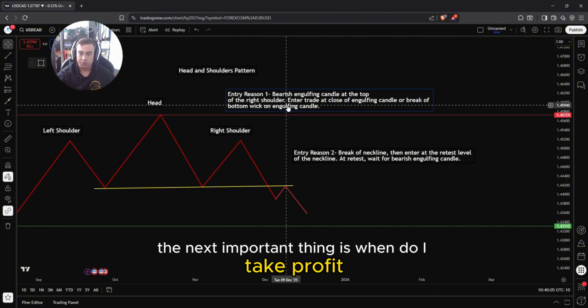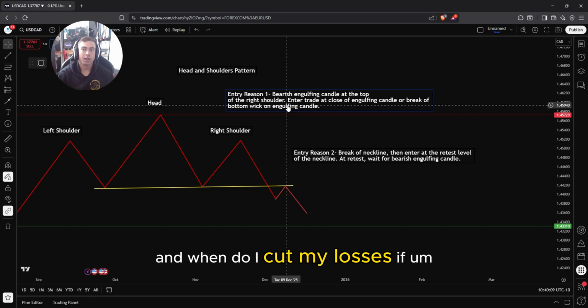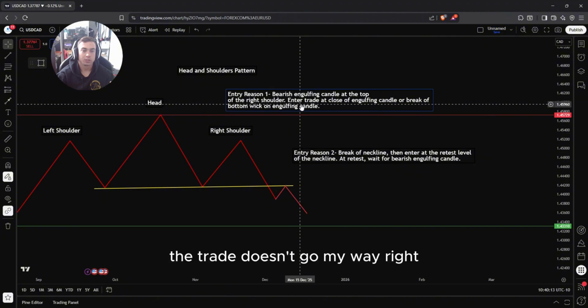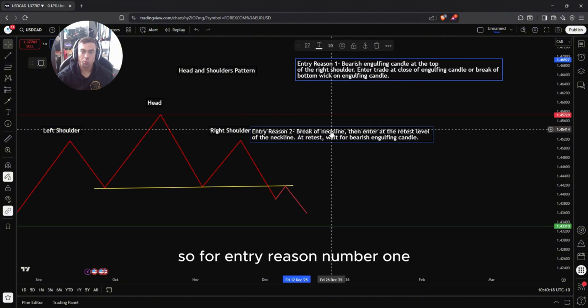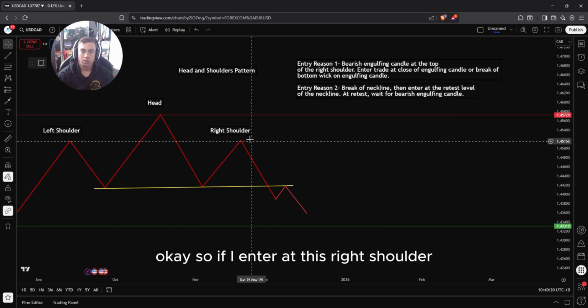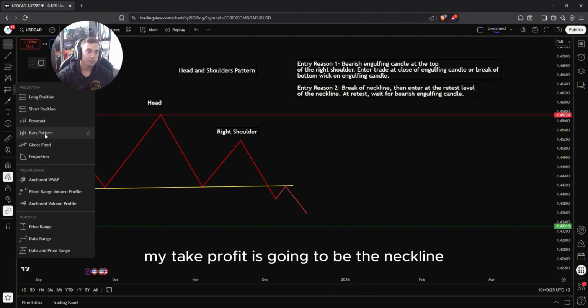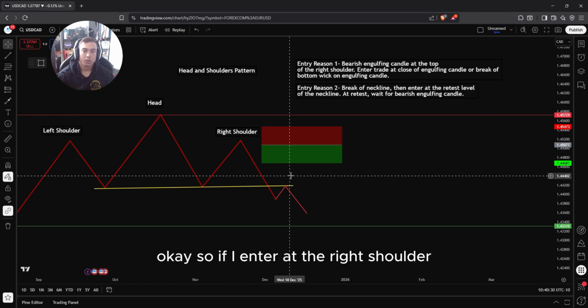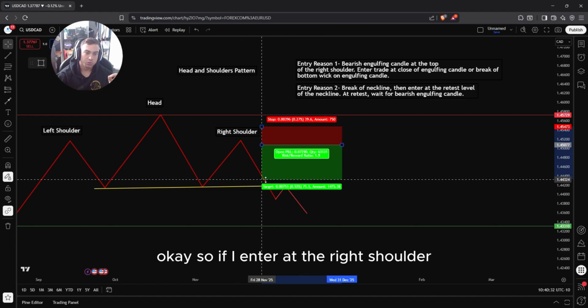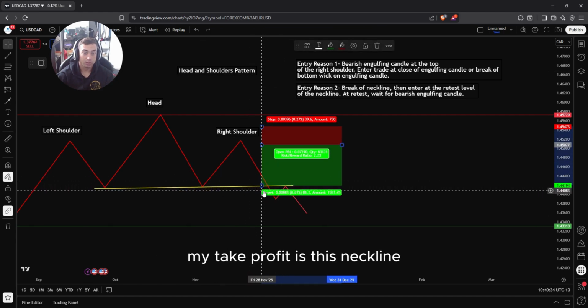Now, the next important thing is when do I take profit and when do I cut my losses if the trade doesn't go my way, right? So for entry reason number one, if I enter at this right shoulder, my take profit is going to be the neckline.